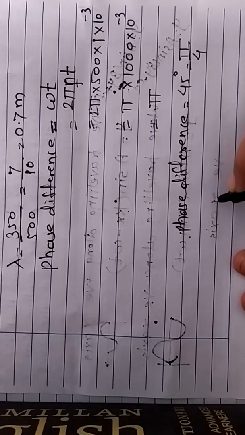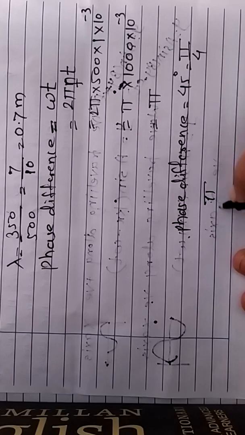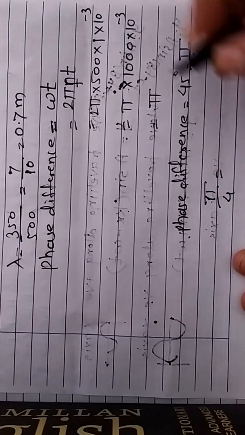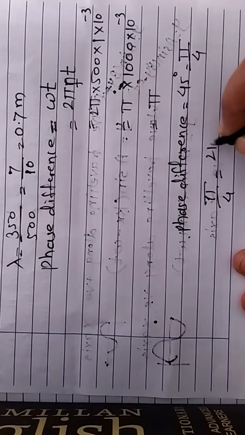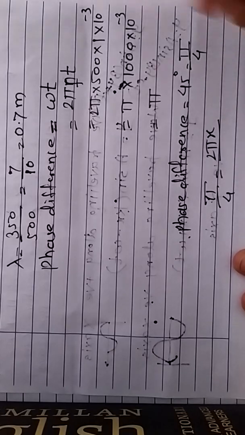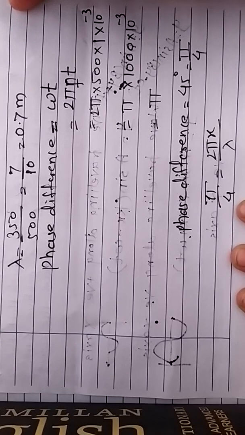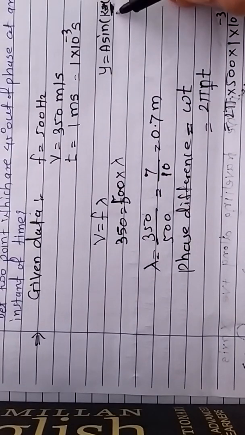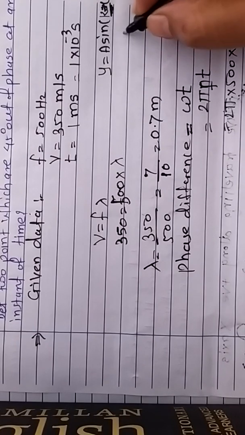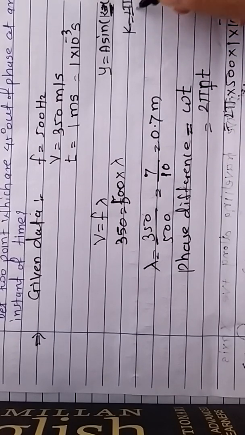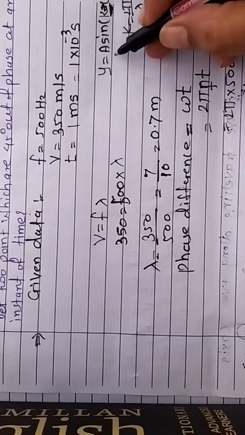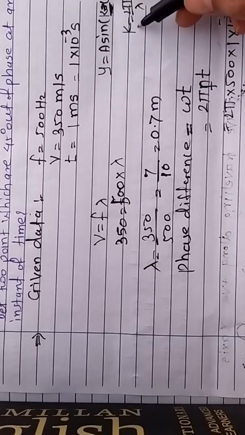Then phase difference, pi by 4, is equal to 2 pi x upon lambda. In that equation y is equal to a sine of kx, where k is 2 pi upon lambda. Then substituting that value, we get k is equal to 2 pi upon lambda into x.